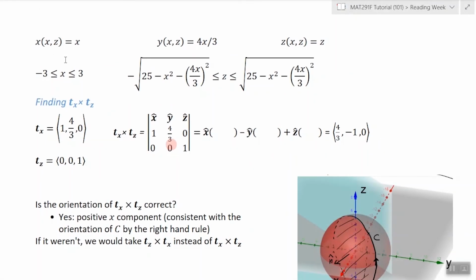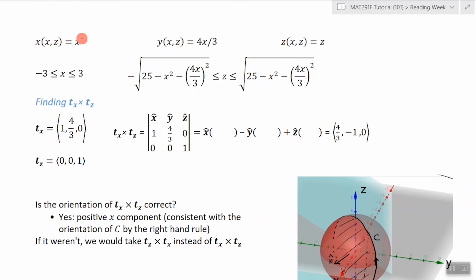Here I've just copied everything I wrote on the previous page, which is the parameterization of the surface and the bounds on x and z. Now let's find Tx, Tz, and their cross product. Tx you get by differentiating this position vector on the surface, given by x, y, and z, with respect to x.